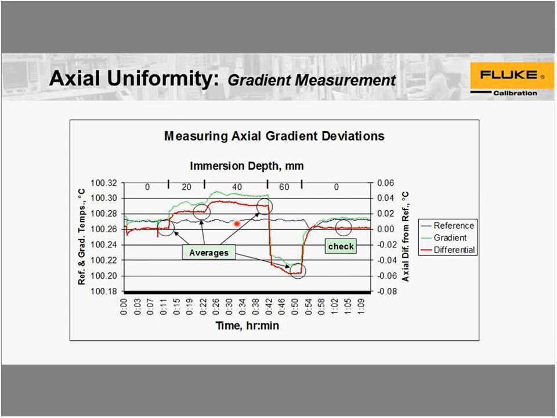Now, the objective here is to be measuring stability at the same time we're measuring gradients. And what we'll do is, in our spreadsheet, we're going to subtract those 2 values, come up with a temperature difference. You can see here on the right axis, we've got a value starting at 0 and going up and down in value.